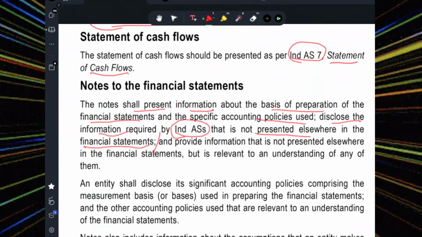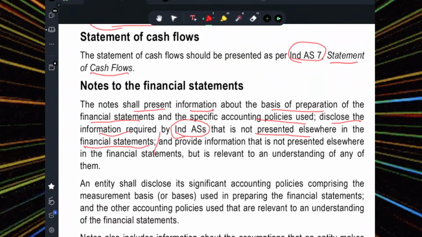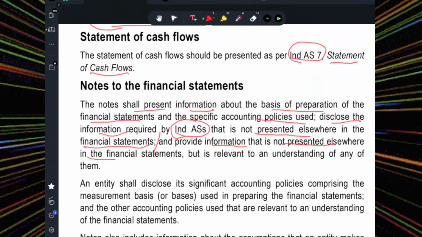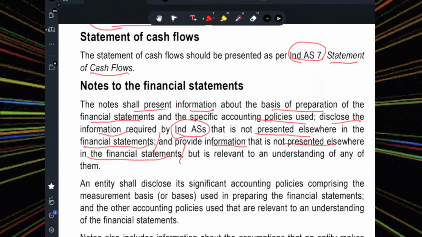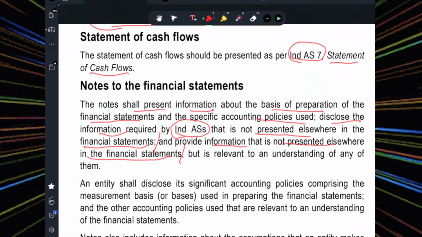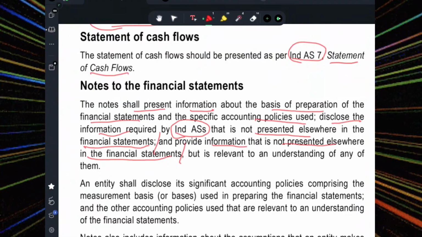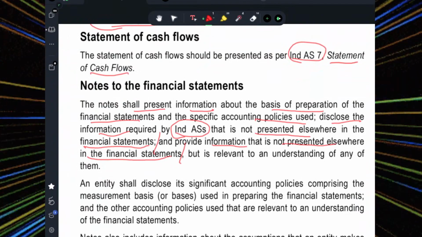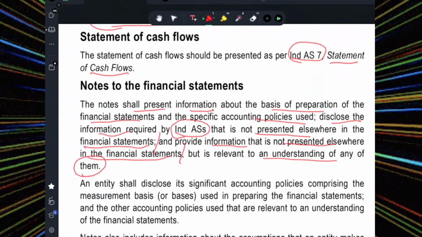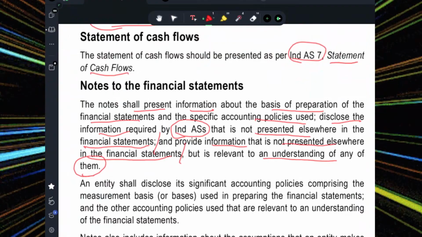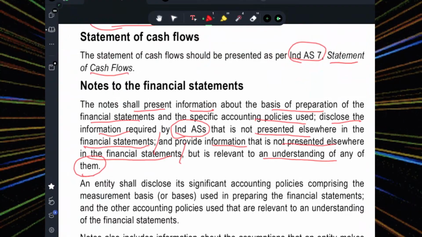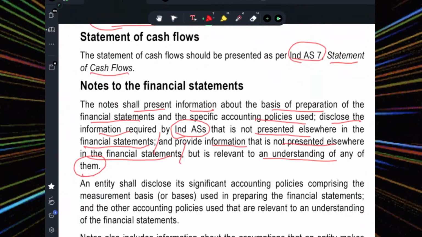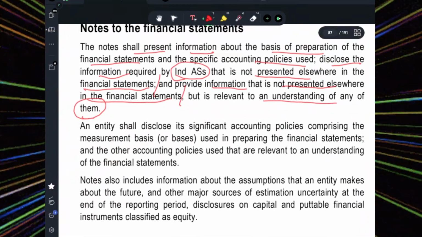And if Ind AS does not give any definition and you are following something else, you should disclose what has been followed and provide information that is not presented elsewhere in the statements. Even in financial statements, some information can't be presented, so you need to disclose it in the notes, if relevant to understanding. You want to make it clear to the user, so that is to be there in the notes to financial statements.